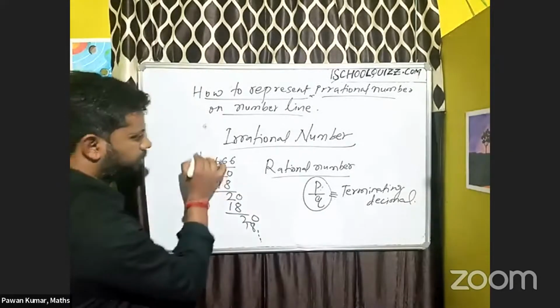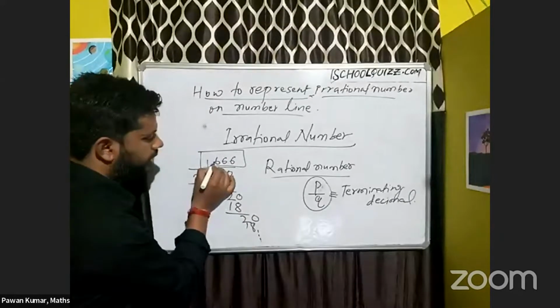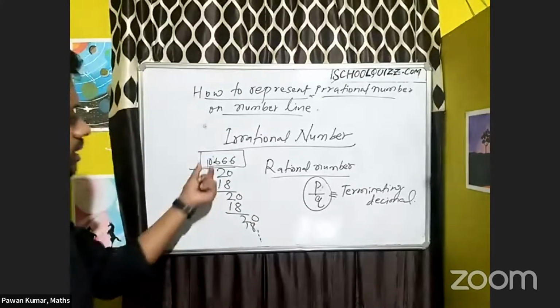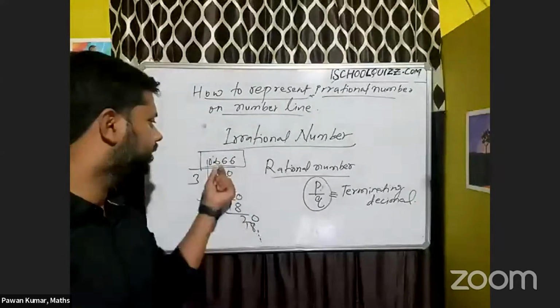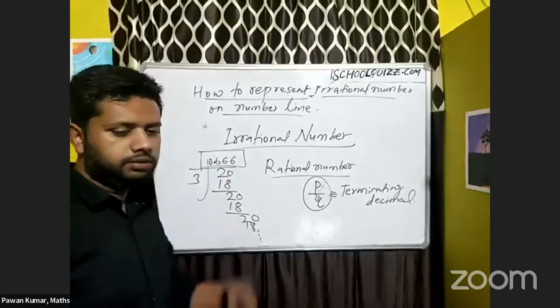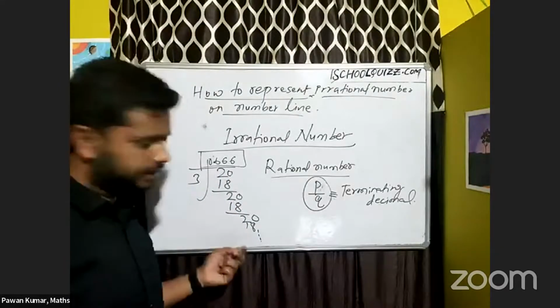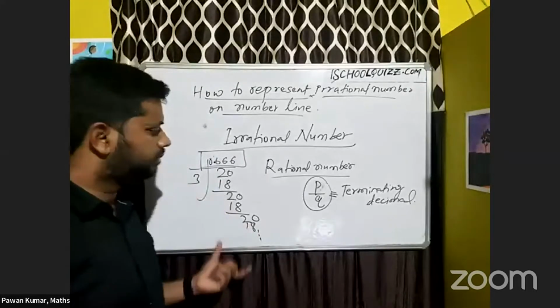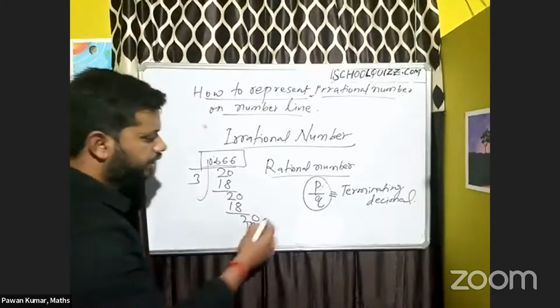What I'm getting here is that a term is repeated. 6 is coming again and again, and the division keeps going, so I can't end it. This type of division we call non-terminating.